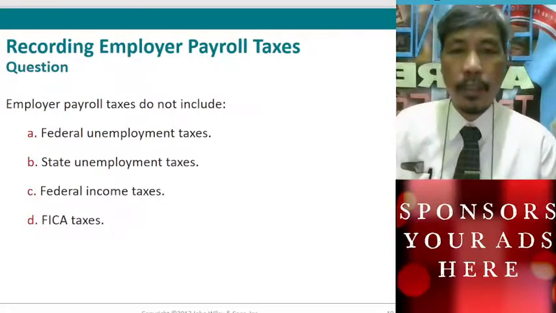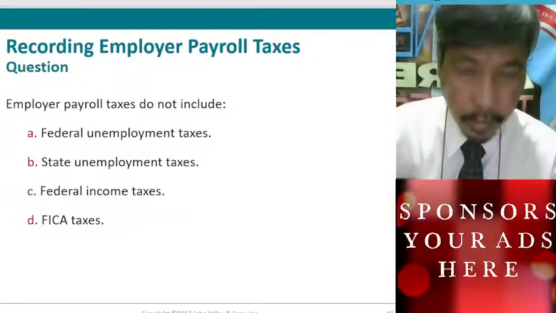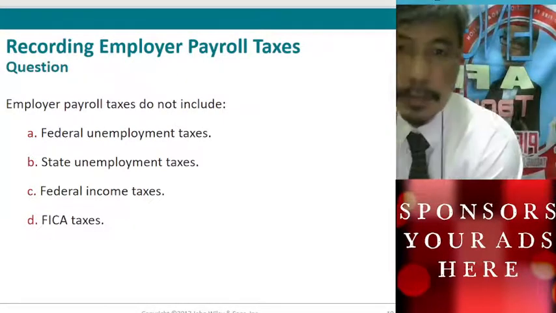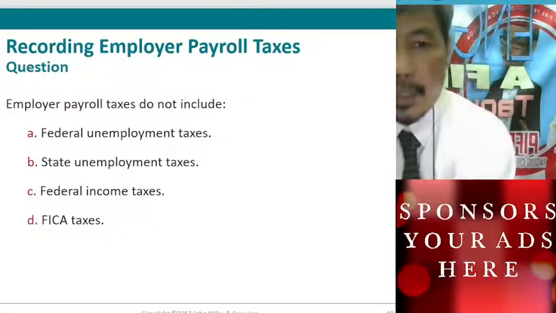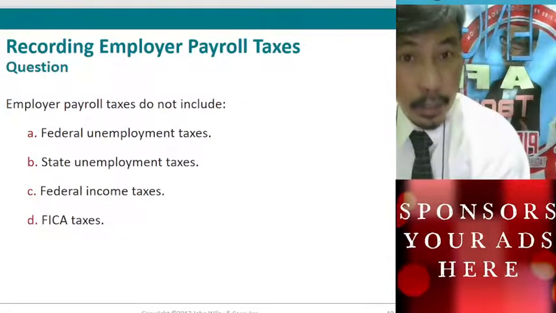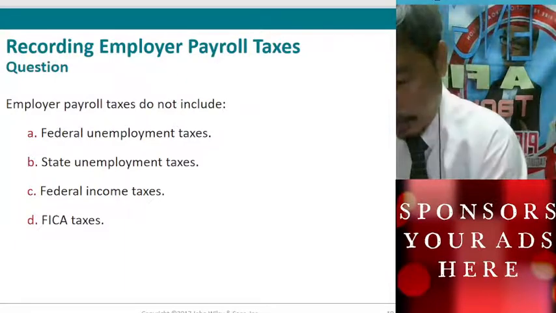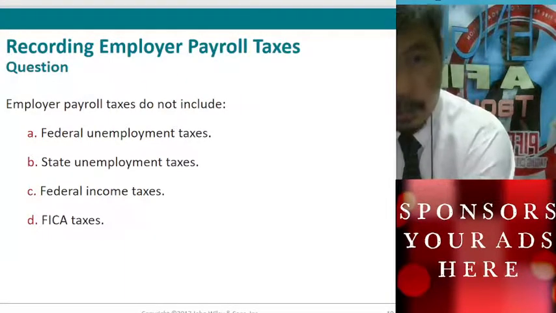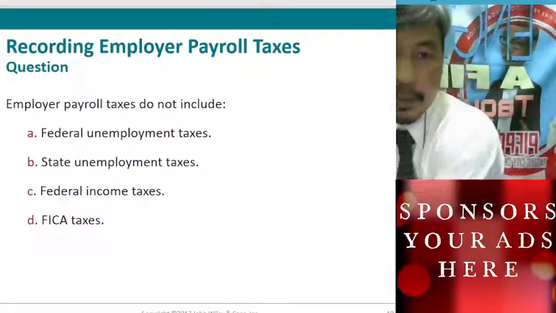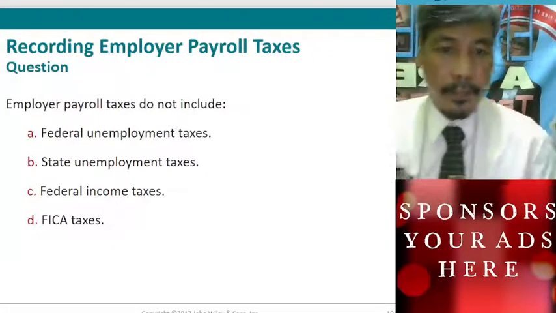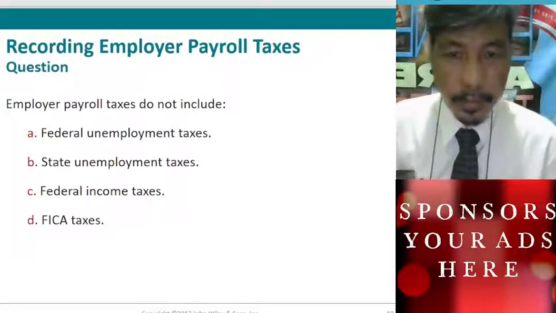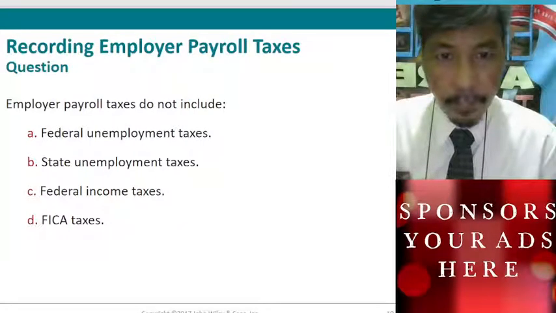Question: employer payroll taxes do not include A, federal unemployment tax; B, state unemployment tax; C, federal income tax; D, FICA taxes.